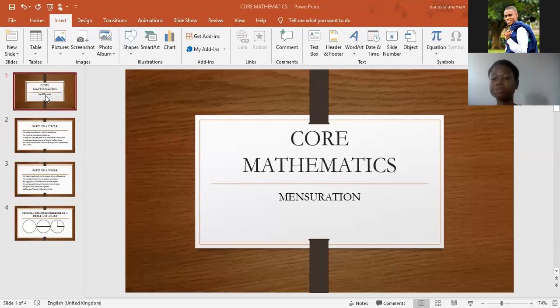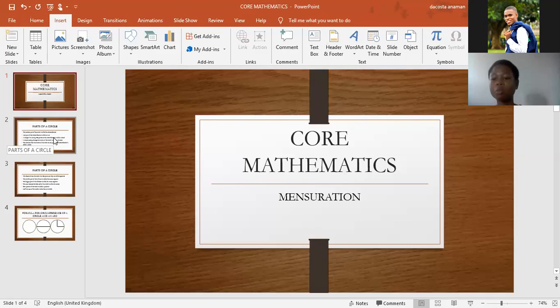Okay, so mensuration is all about area and perimeters of shapes. It starts from simple shapes and we gradually enter into the complex shapes and other shapes. So we will start from the simple ones. We start with circle.